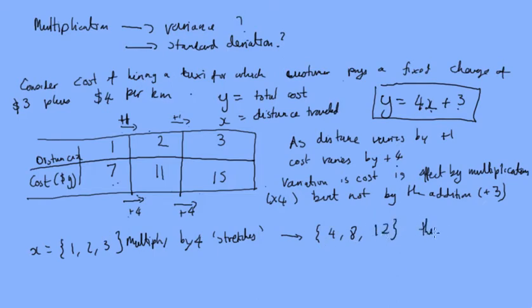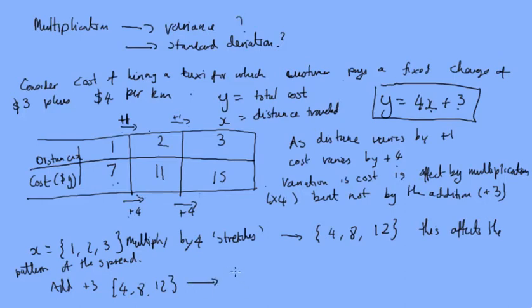This affects the pattern of the spread. What happens when we add the plus 3? So we get our 4, 8, 12.